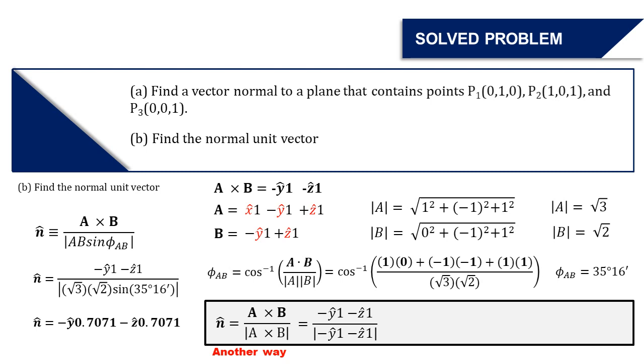And so, mas madali dahil dalawa lang yung ating coefficients or components. Ito na yung ating result. So, it is now equal to negative y hat 1 minus z hat 1 all over the square root of 2. And that will yield the same result as the first solution. So, yan yung ating solution dun sa application ng pagkuha ng vector product sa vector analysis.